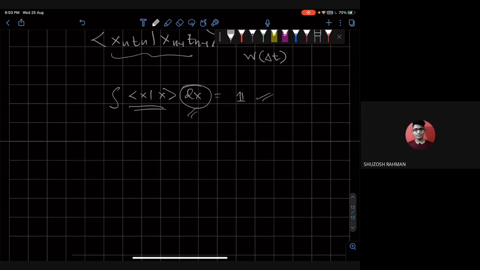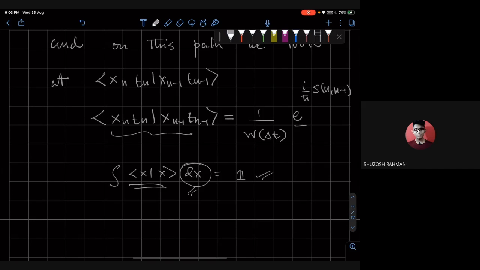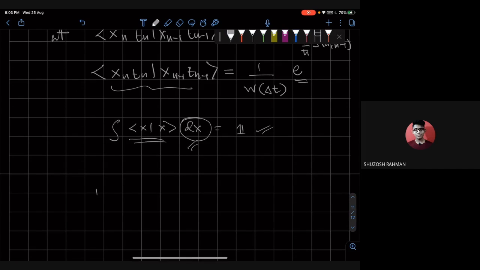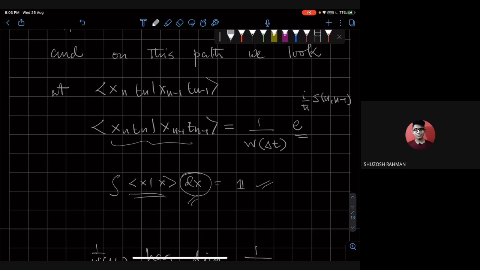And of course the exponential is dimensionless, that means that 1 over w delta t means here that w is a function of delta t. This has dimensions of 1 over space, or 1 over length, which is really length. Okay, so it's important to realize that we are just taking one path, and that's why there's a sum here.